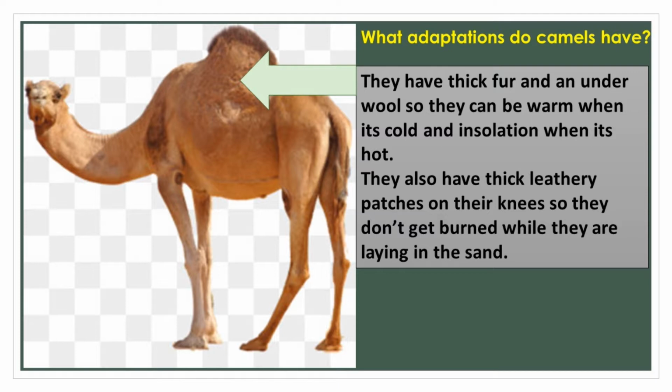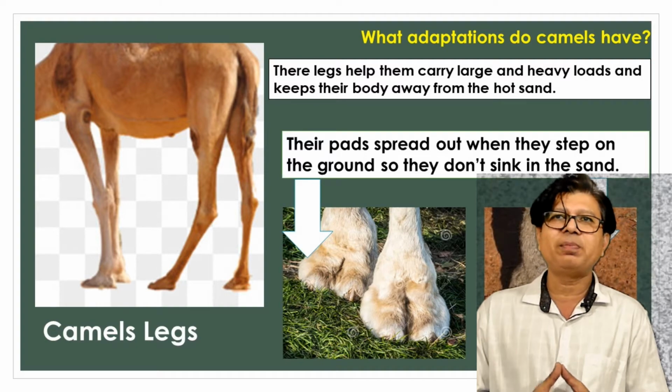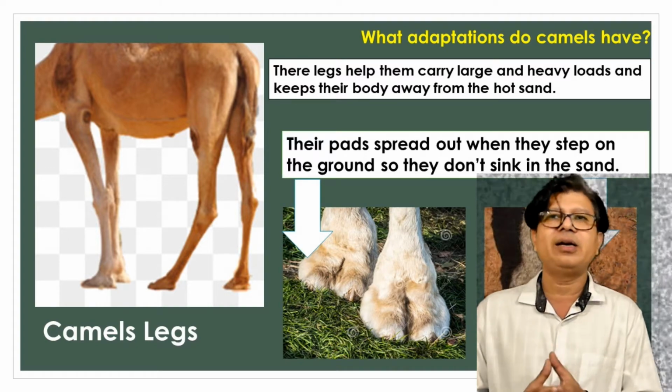They also have thick leathery patches on their knees, so they don't get burned while lying on sand. Their long legs help them carry large and heavy loads and keep their body away from the hot sand. Their pads spread out when they step on the ground, so they don't sink in the sand.